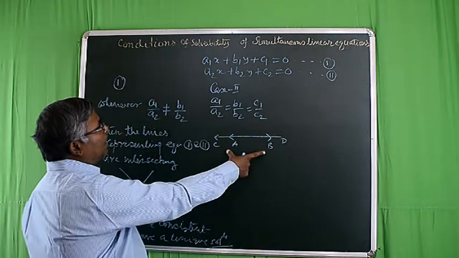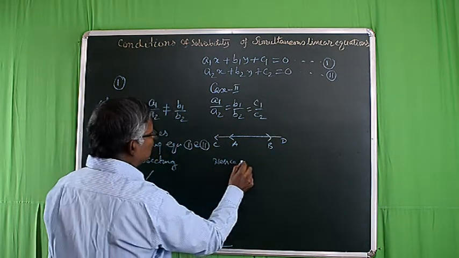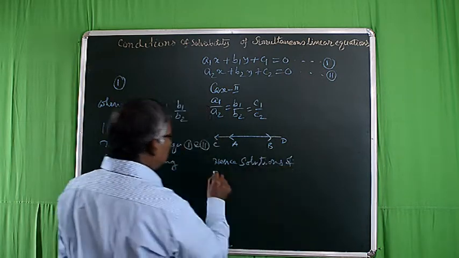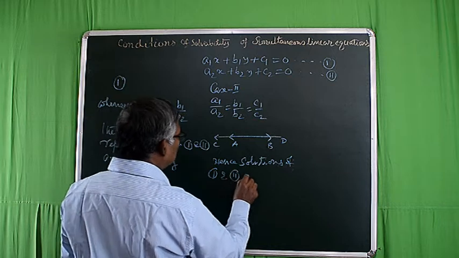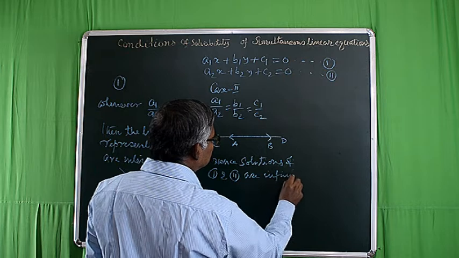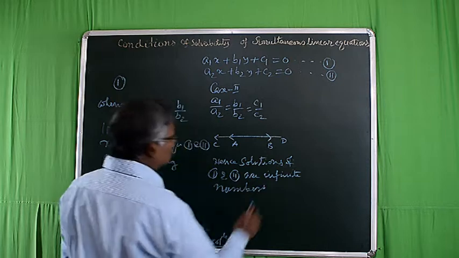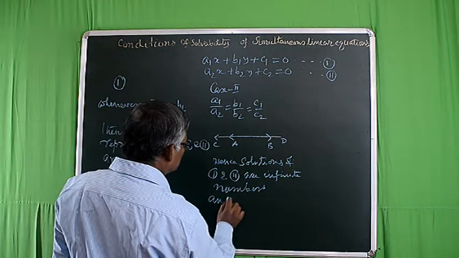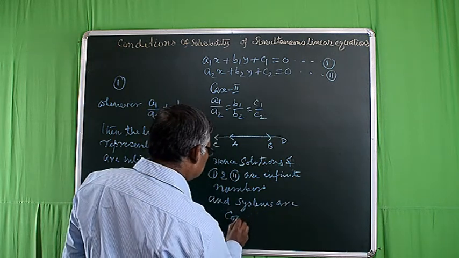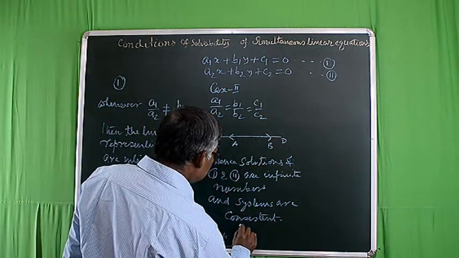Hence we see lines are coincident and hence solutions of 1 and 2 are infinitely many, infinite numbers, and systems are consistent. The equations are dependent.